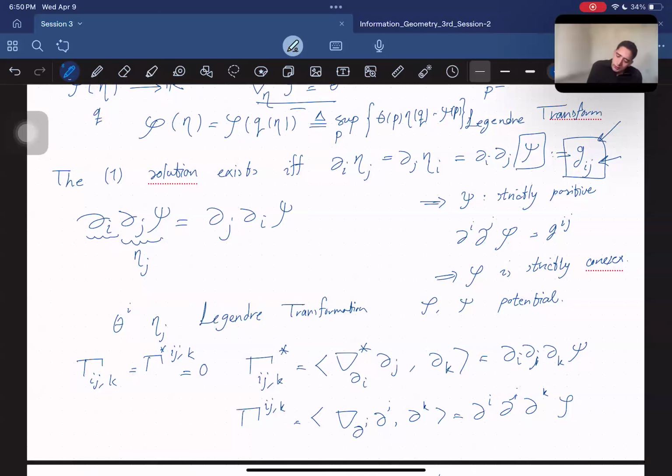Take a look at the third order. You'll get the connection. Okay. And remember, the first connections with respect to each of them were equal to zero because eta and theta were both flat coordinate systems. Okay.